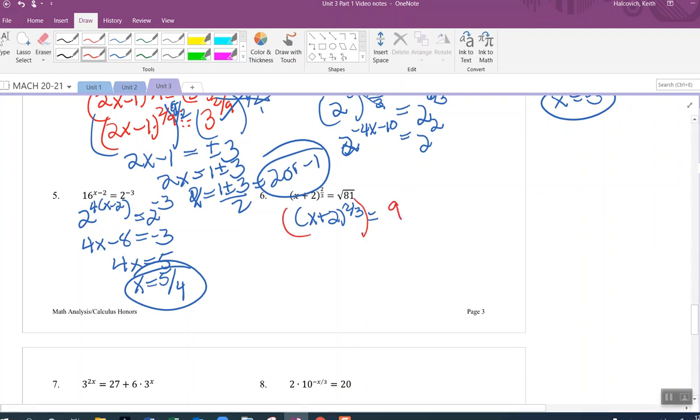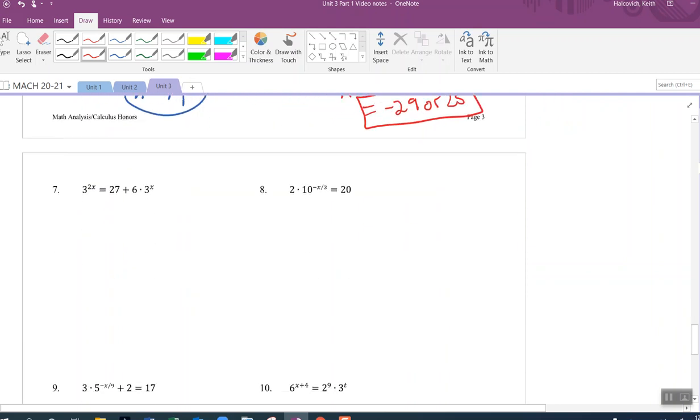So then you raise it to the 3/2 power, and you get x plus 2 equals plus or minus, and 9 to the 3/2 is 27. So it's negative 2 plus or minus 27, so it's equal to negative 29 or 25.